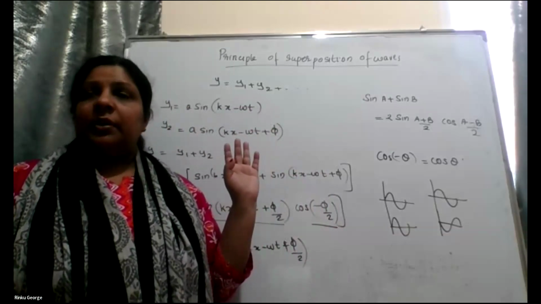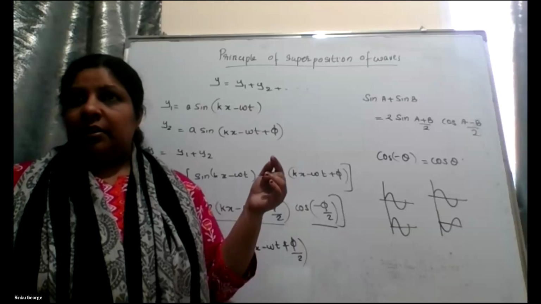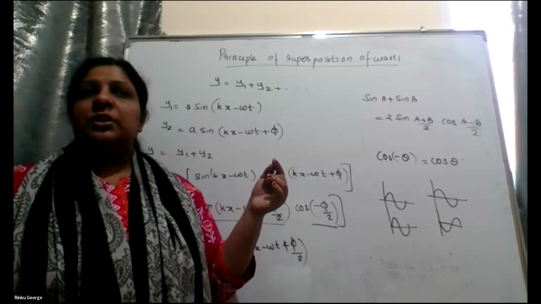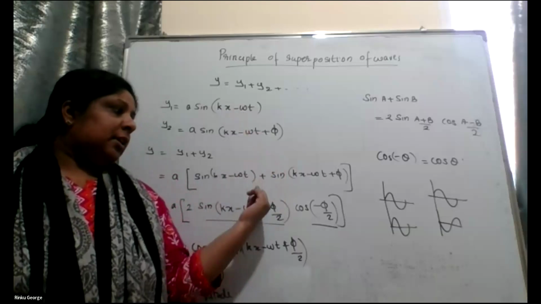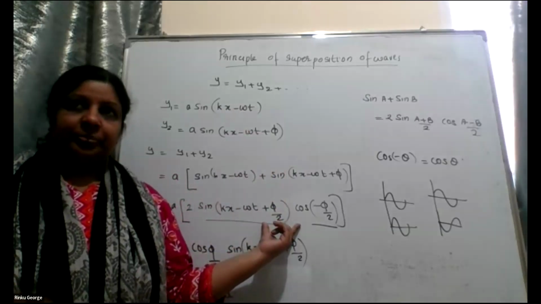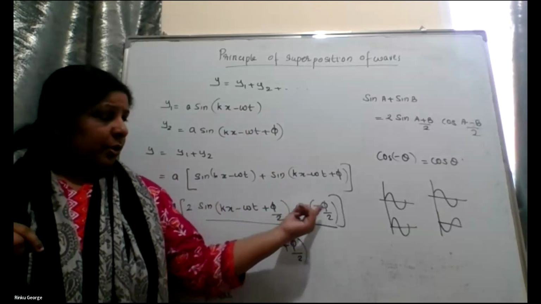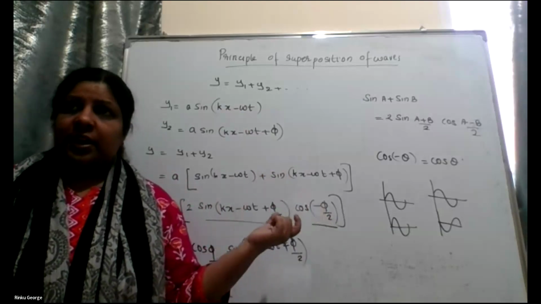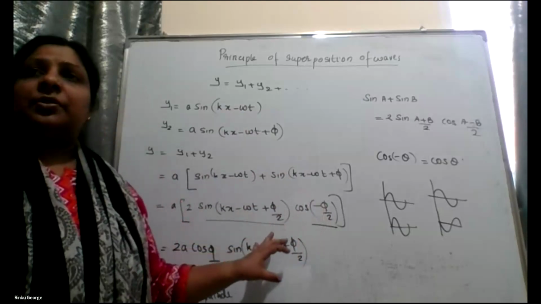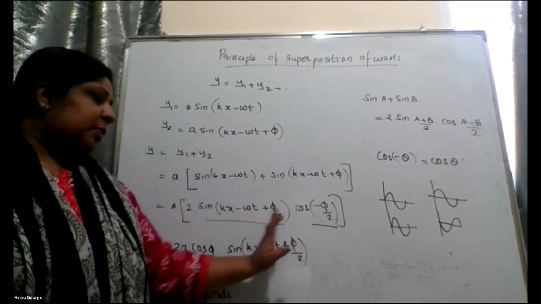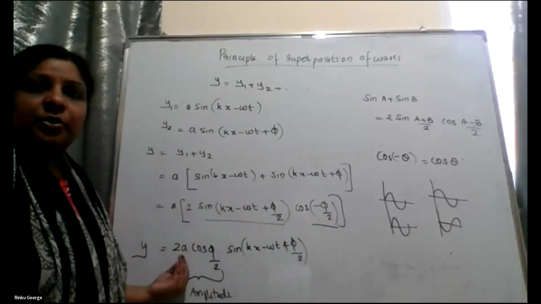Now when they are added, what will happen? Sine A plus sine B. What is sine A plus sine B? 2 sin((A plus B)/2) cos((A minus B)/2). You will apply that formula here and get this. Now cos of minus theta, you will write as cos theta. You are just rearranging the resultant so that it becomes a function of sine. So the sine term you will write separately, and the remaining terms you will write together.